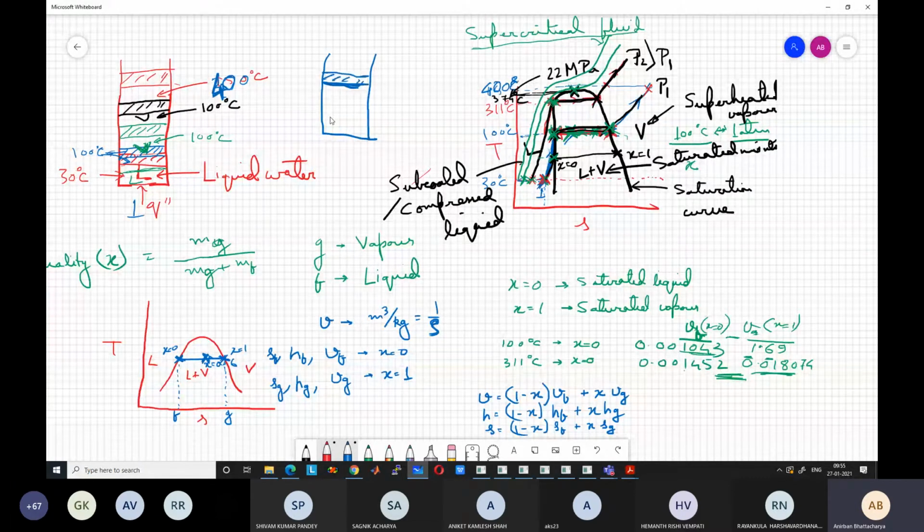If the liquid and vapor coexist, it means that it is a two-phase condition. Okay, so this is 100 degrees centigrade. And the liquid that is present in this two-phase region, so the quality at this point is, say, x equal to 0.6.